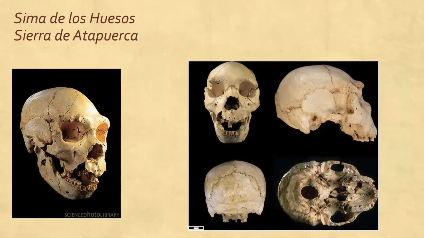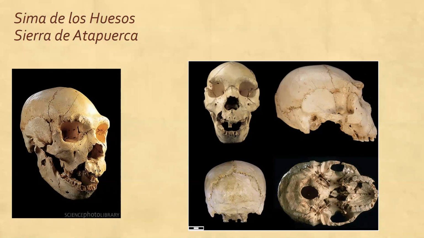At Cima de los Huesos and also Sierra de Atapuerca sites, these are cavernous sites in the southern Pyrenees Mountains. You can see these skulls are intriguing. They, on one hand, resemble Neanderthal, but on the other, have unique attributes to them.